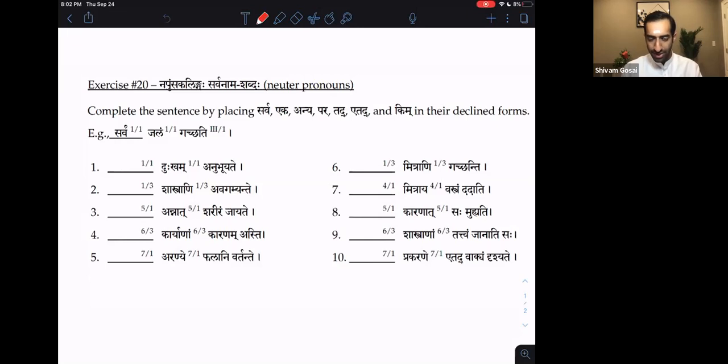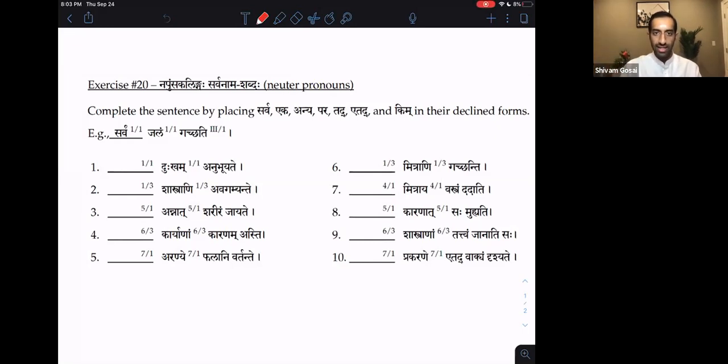Number 9 will be the same thing: tesham shastranam tattvam janati saha. Number 5. You can also tell me in the chat. Yeah, tasmin.